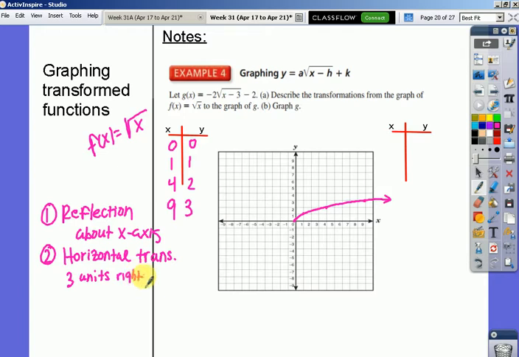And then we have, what else? Vertical translation. 2 units, what direction? Down. And what's that 2 in front do? Stretch. Vertical stretch by a factor of 2.